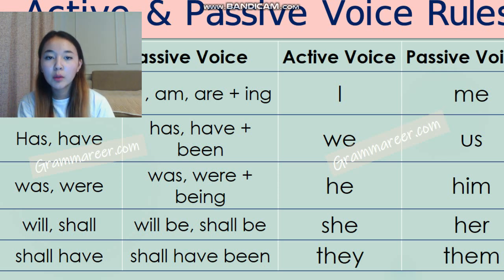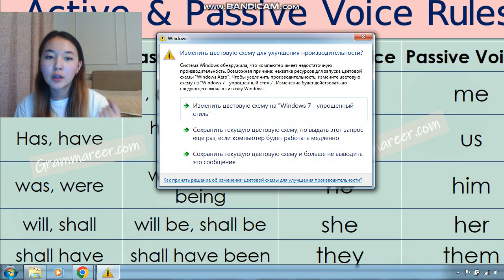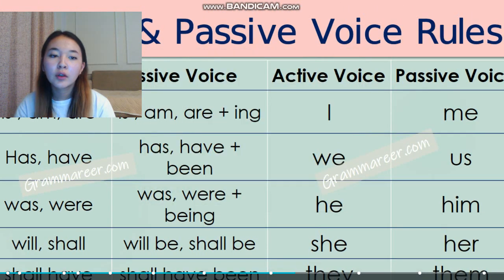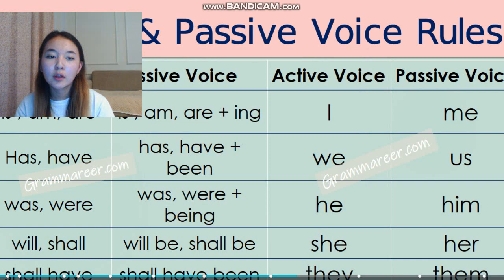Now let's look at active and passive voice rules. Here we have some rules about active and passive voice. So in present simple, we use only the verb, and also in third person we use plus s and es.